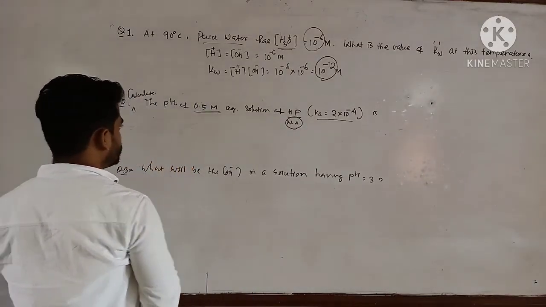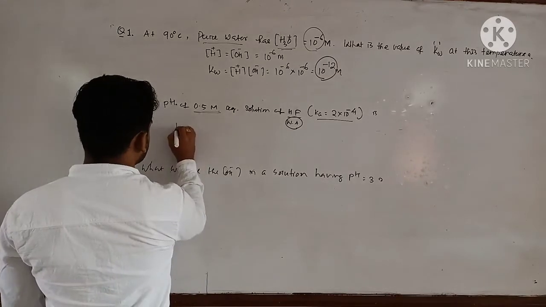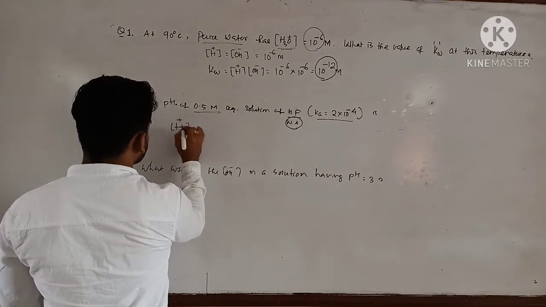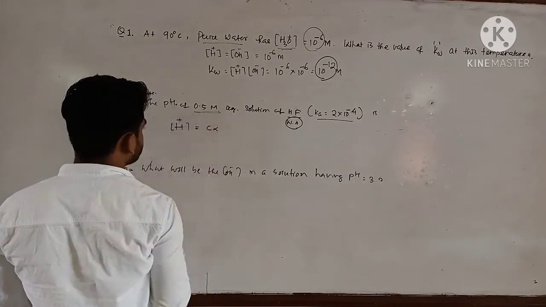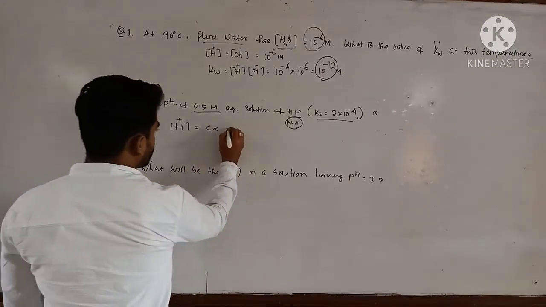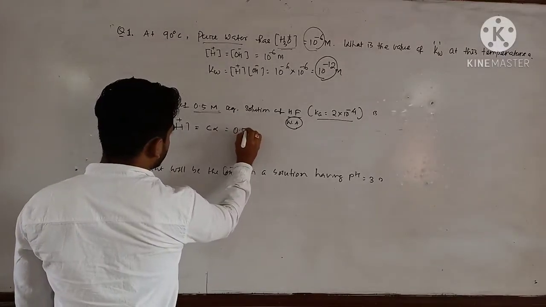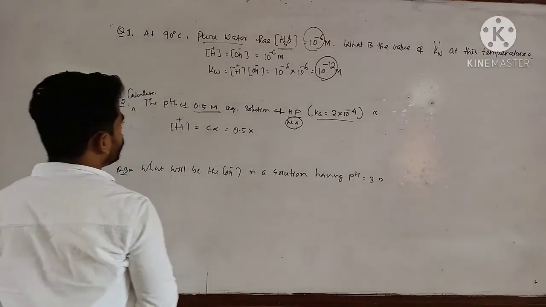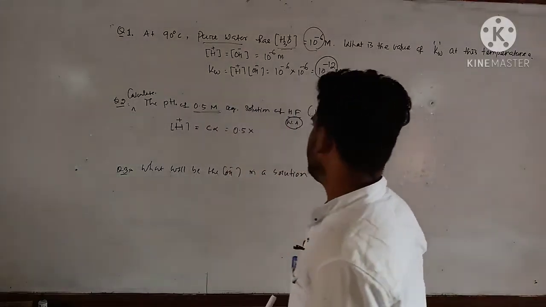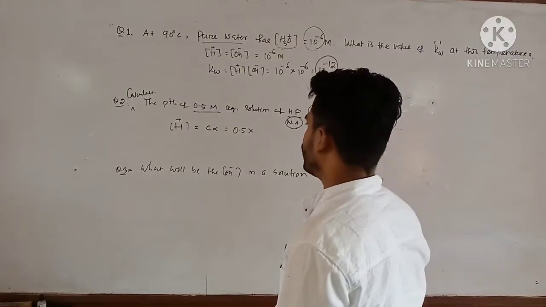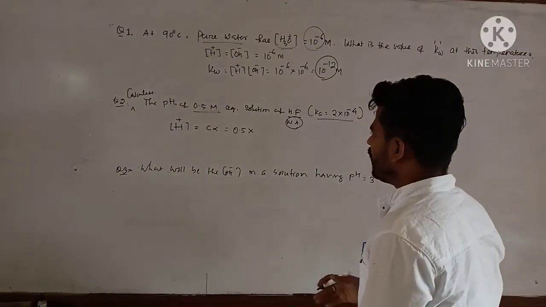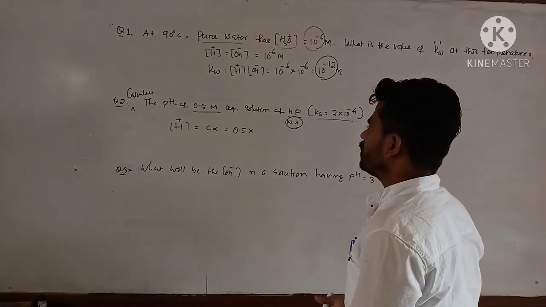So for calculation of pH, you know the concentration of H plus ion is C alpha. That clear? So concentration is given to you, 0.5, into the value of alpha for a weak electrolyte. And alpha is very small for a weak one.